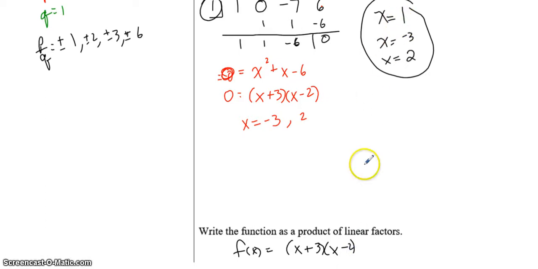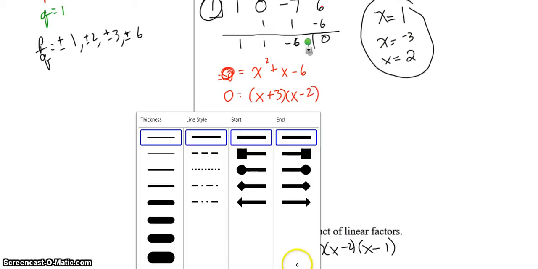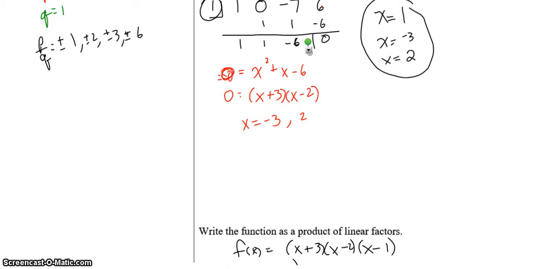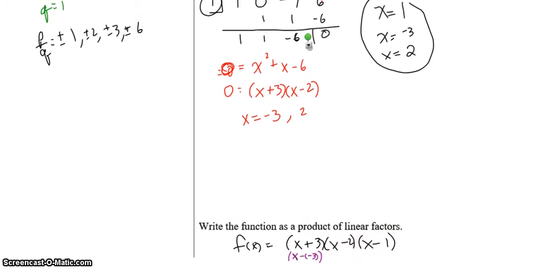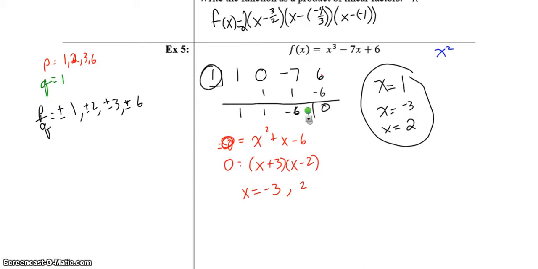And then what about that other one? X minus the 0. So x minus a negative 3, x minus 2, x minus 1. That'll work. Okay, that's the basis for how we get started on the ones we can't factor. So we're going to be doing this a lot. So get started, keep working at it.